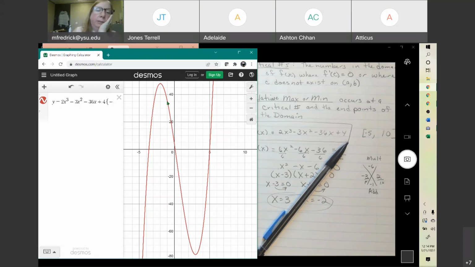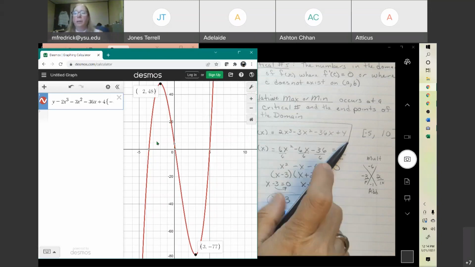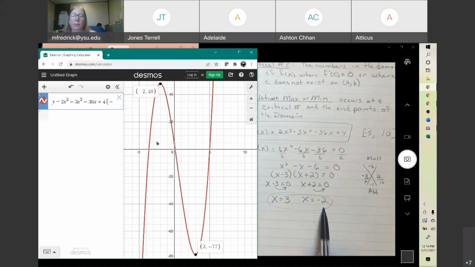Then if you click on this graph, it will show you the intercepts, but it also shows you these highs and lows. And if you click on it a second time, it keeps the value. Notice we had gotten -2, 3.